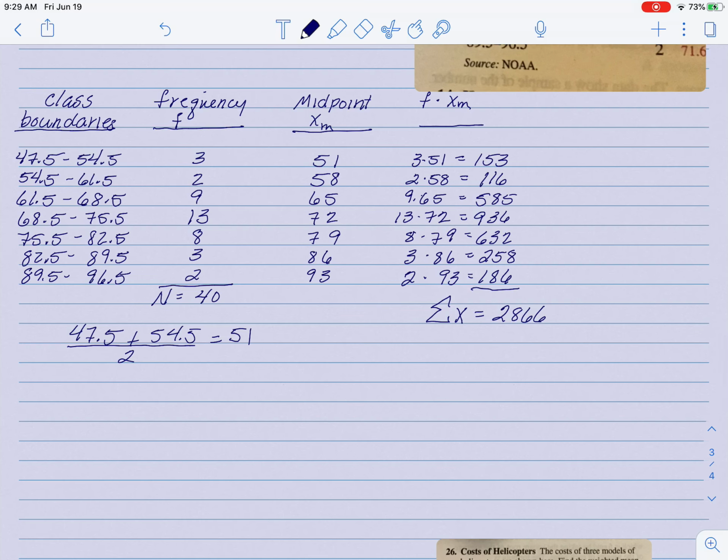So now my mean is going to be, remember X bar is the sum of all the data points divided by the total number of data points. That's going to be 2866 divided by 40.